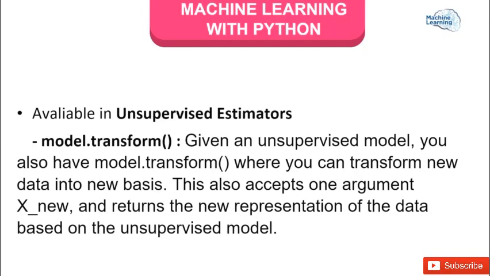Now, we'll go into much more when we talk about unsupervised learning algorithms later, but basically, this also accepts 1 argument, X_new, and returns a new representation of the data based on the unsupervised model. And again, I don't want to jump the gun here, but I just want to contrast the differences. We're going to dig way deeper into that topic, and I'll explain it in a lot more detail when we talk about unsupervised machine learning problems.